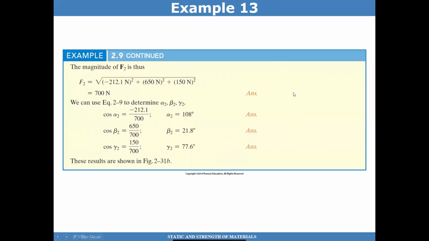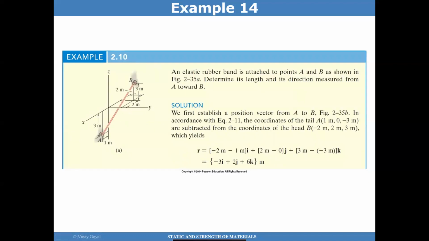Okay, so the last example I have is simply now I have the coordinates for a rubber band that attaches point A and B. I want to find the length and direction from A to B. So that's simple. I know the coordinates of this point, the coordinates of this point. If you know the coordinates, you can find out R hat.